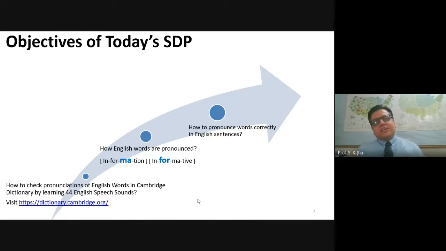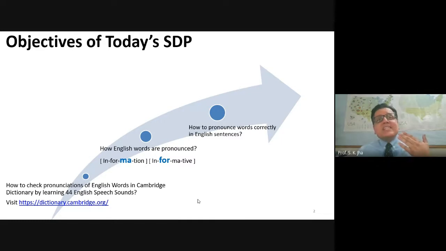Now, here I should also add that right pronunciation or good pronunciation does not mean you should sound like an American or a Britisher or a South African or like an Australian. No. Then what should you sound like? The answer is you should sound intelligible.